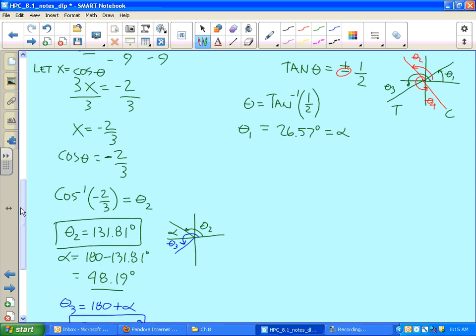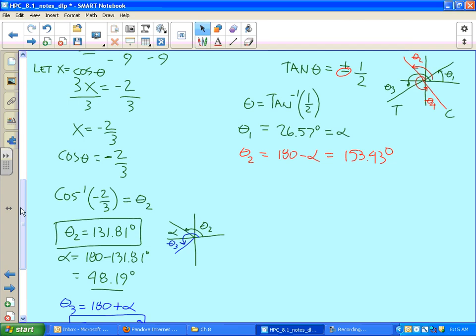So let's go look at theta 2, which is one of our negative values. Theta 2 would be equal to 180 minus alpha, or in this case, 153.43. I'm doing my math right. What about theta 3? Theta 3 is one of my positive tan values, and that's going to be 180 plus my alpha.